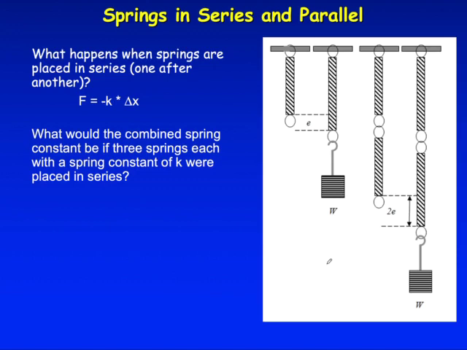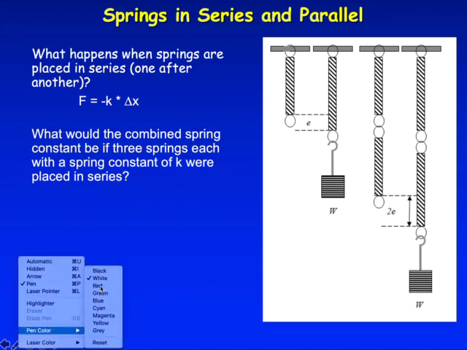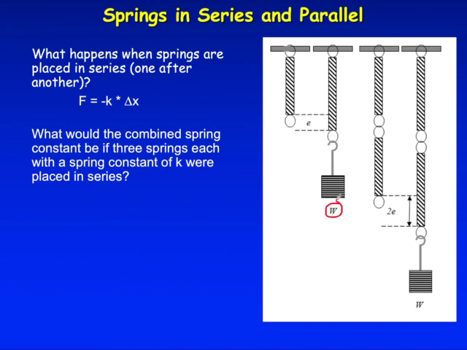Now, this is one thing we haven't worked with before: what if you put two springs side by side? So take a quick look at this. In this example, I place this one mass on it, and this spring stretches some distance e.